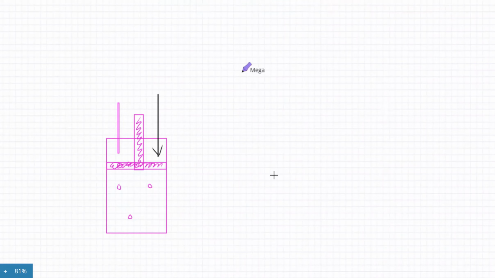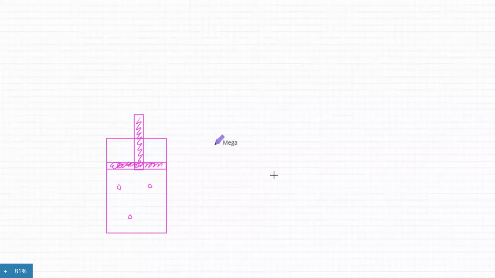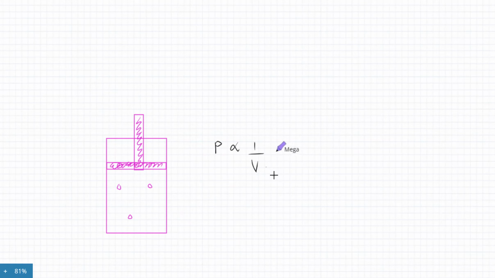We constructed the ideal gas equation on a relationship. We said that pressure is inversely proportional to volume. That relationship is fine to a certain extent, but it fails under certain conditions.